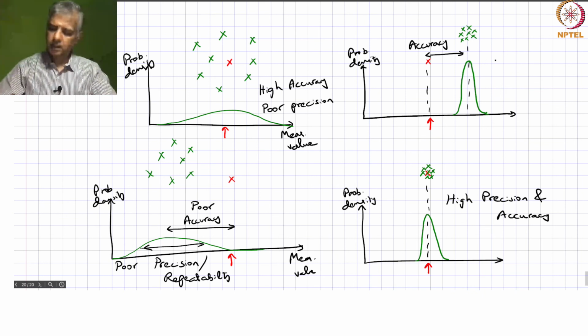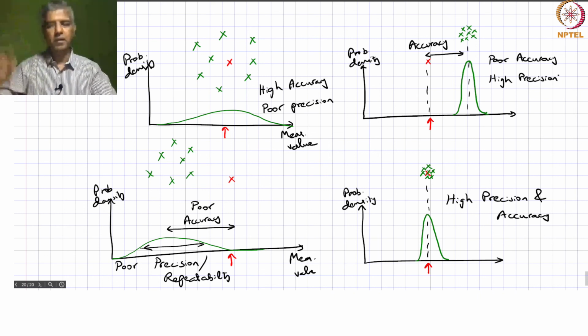And here this is actually poor accuracy because my sensor value, the measured value, is off from the expected value, but it's got high precision, a high level of repeatability.